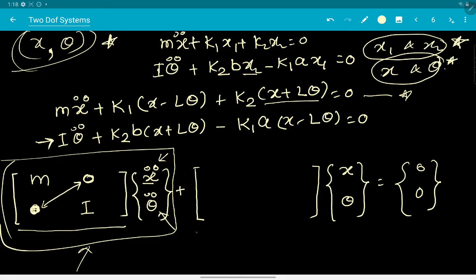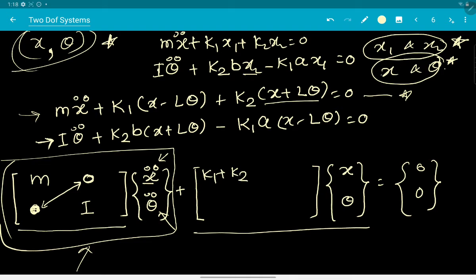So let's try to see what happens over here in the stiffness part. Okay, so for that stiffness part, let me try to populate that. So we'll be left with, let's try to see what is the contribution coming from x in this equation. Okay, so we have k1, and from this one we'll have k2 plus k2. Then what is the contribution of theta?